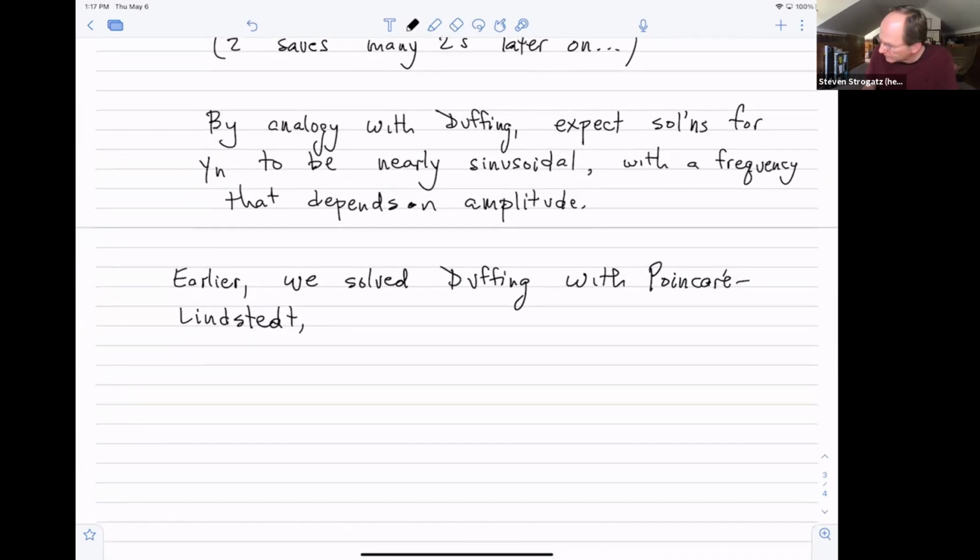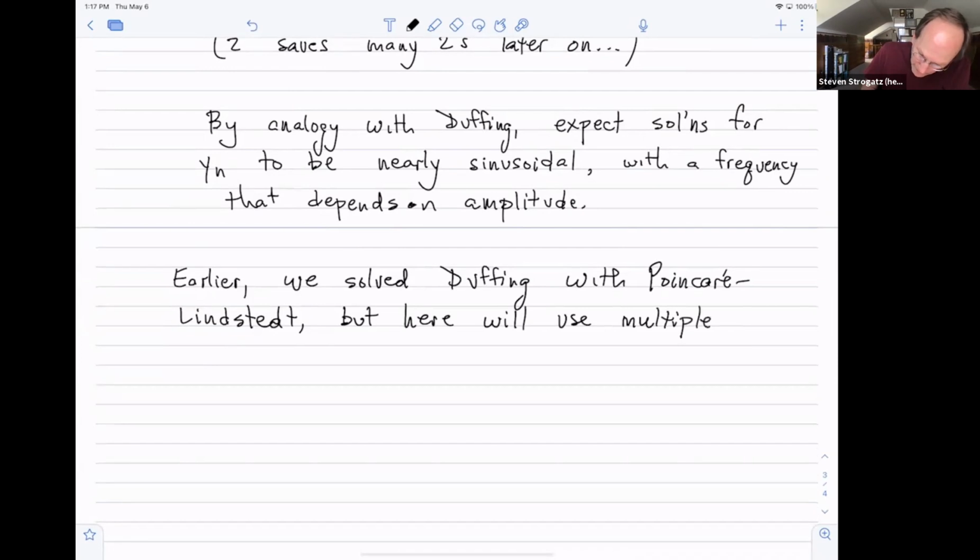So now multiple scales will work. But here we'll use specifically 2 timing. Okay, so let me start diving into the analysis.